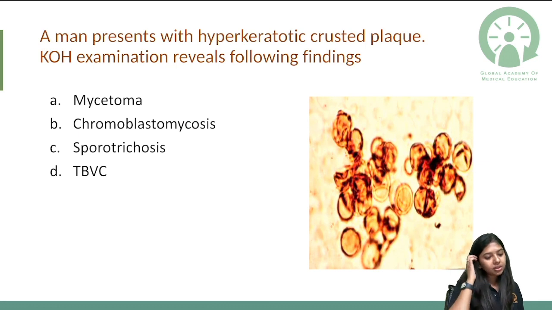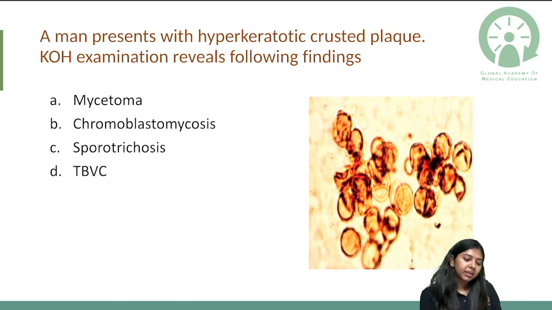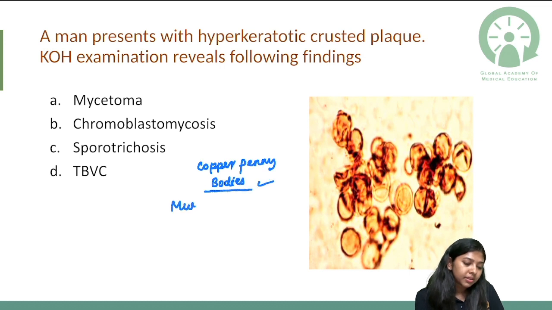Moving to the next question. A man presents with a hyperkeratotic crusted plaque. KOH examination reveals the following findings. What is the condition? What you are getting is copper colored bodies, copper penny bodies, also called muriform cells or sclerotic cells or Medlar bodies.